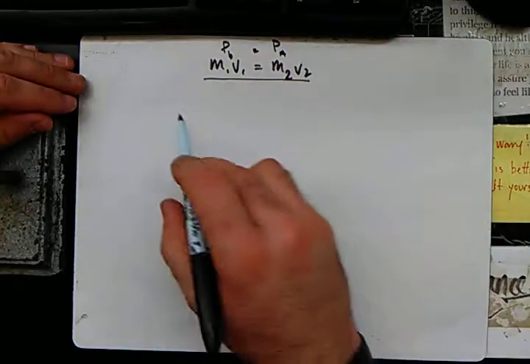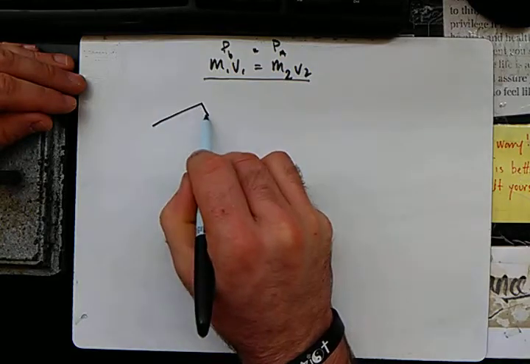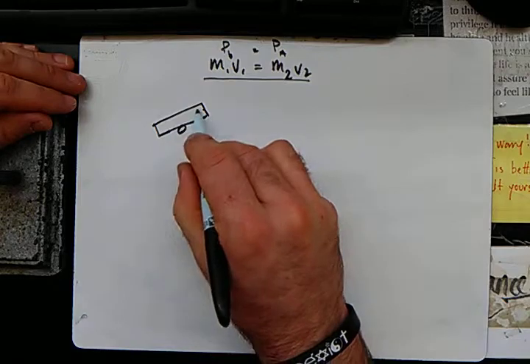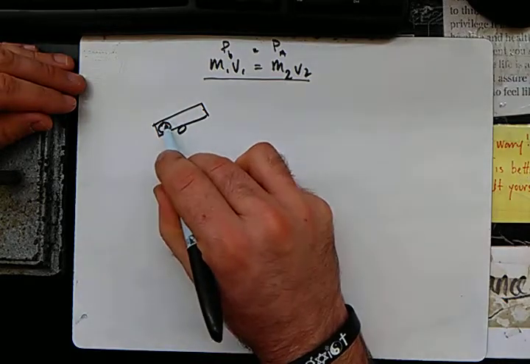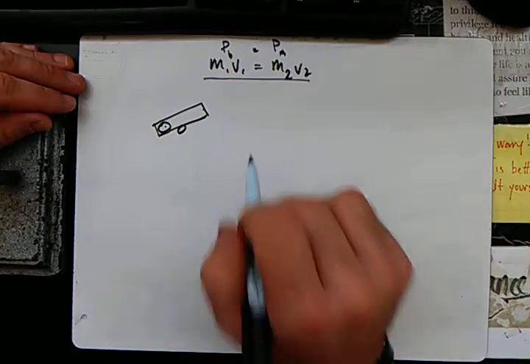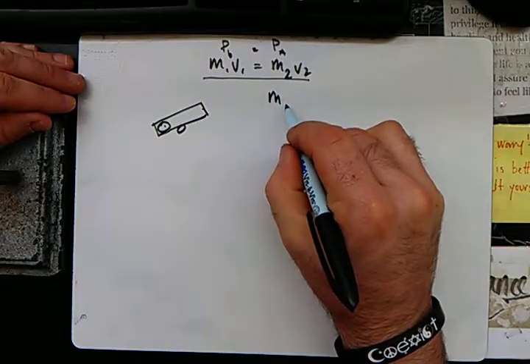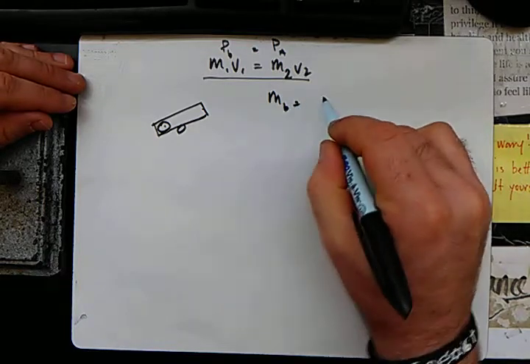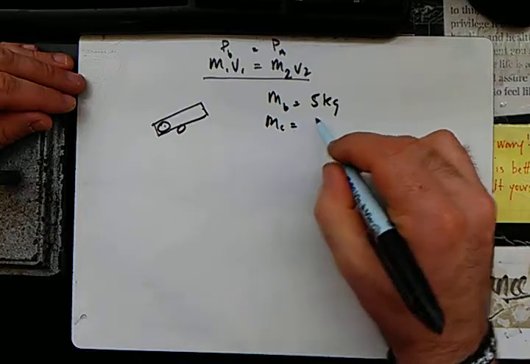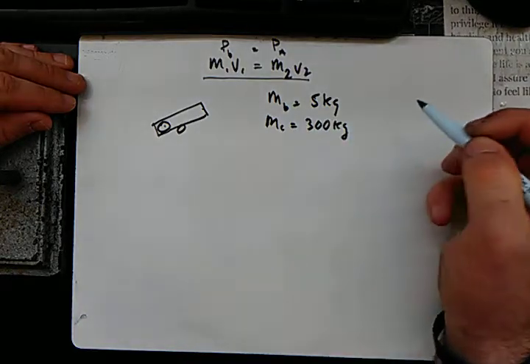So here's my picture. I've got a cannon, with a cannonball in here. I'm given a situation where the mass of the ball is 5 kilograms and the mass of the cannon is 300 kilograms.